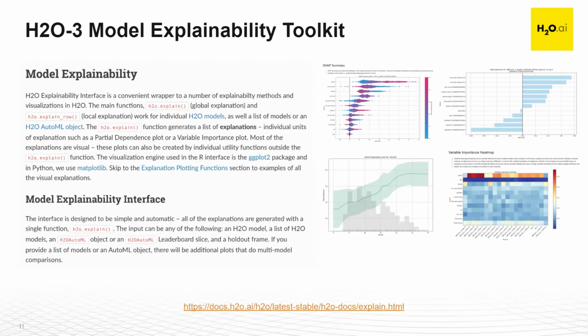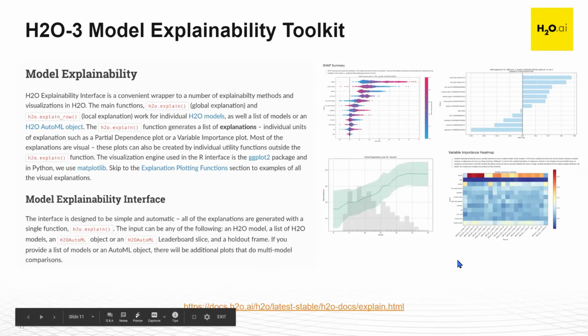You also have the same functionality in both Python and R. Today I'm going to show you the Python version, but you can also find the example notebooks in R Markdown in the same repository that I'll show you later. And if you want to read more about all the functionality in this toolkit, go to the documentation website and you will find a lot more explanations.